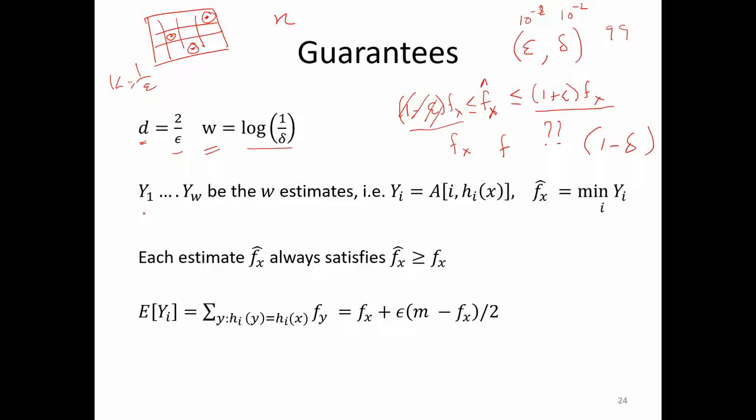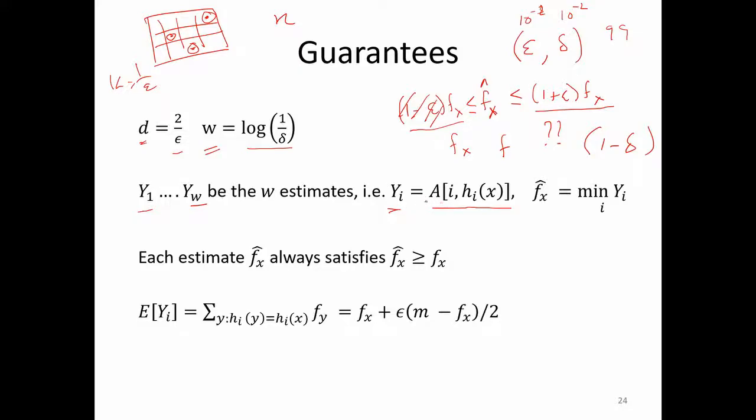So suppose we have designed the filter like this, and suppose y1 till yw are the w estimates over which we are taking this minimum. First we are going to analyze this yi. Remember, for each x we are getting w counters, each of which is at least supposed to predict f of x.